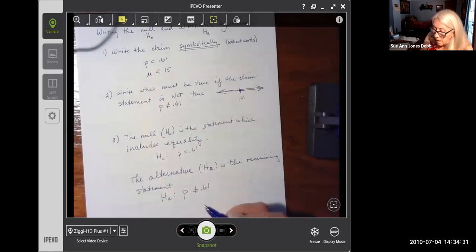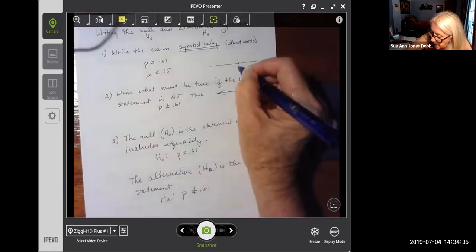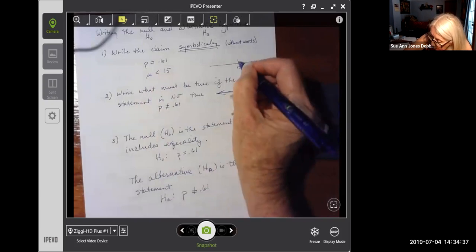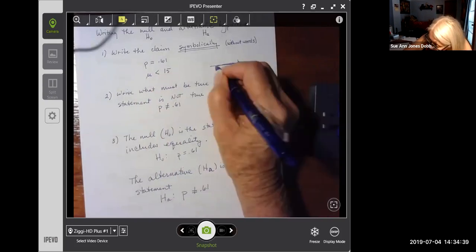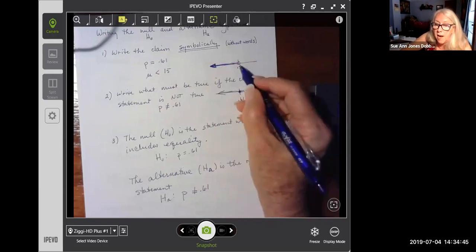Now on a number line that would look like this. Here's the number 15, and values that are less than 15 are everything to the left of that number, but not including that number, which is why I've left an open circle here.